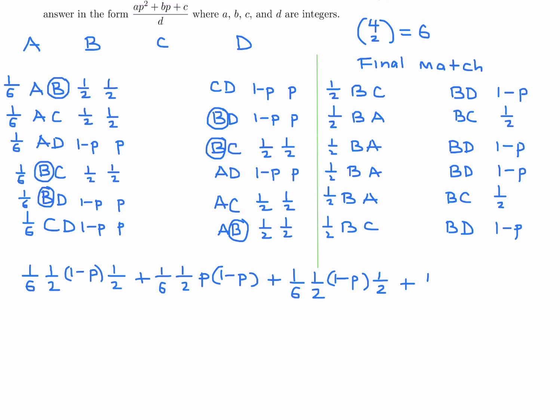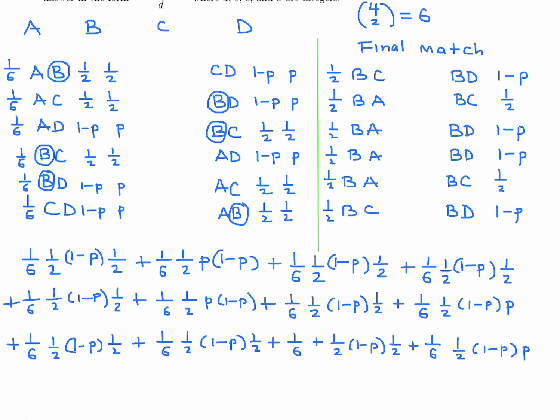So again, it's 1/6 that this happens. Probability that C wins is a half. Then the probability that B wins this match is 1 minus P. And then if C is going to play B, the probability of B winning is a half. So there we go. And very similarly, I'll just fill out the rest.